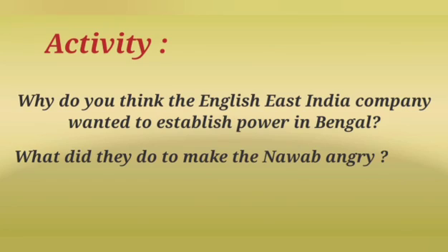Students, I am asking one question. Why do you think the English East India Company wanted to establish power in Bengal? The English East India Company wanted to establish power in Bengal as it wanted complete monopoly of trade. The company officials were refusing to pay taxes, being disrespectful and trying to disobey the Nawab and his officials.